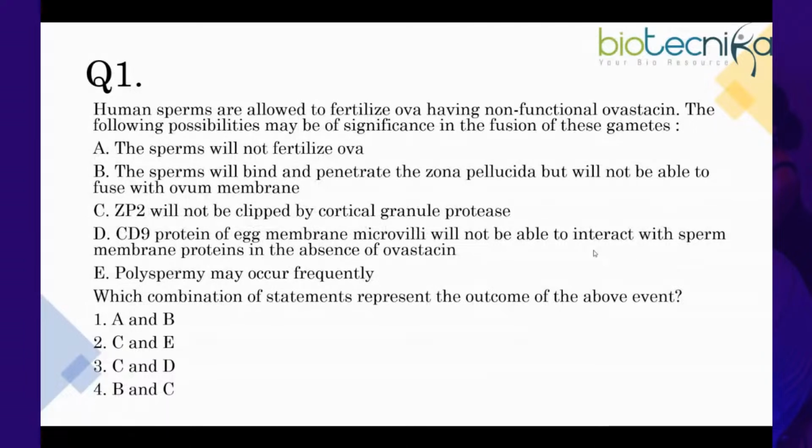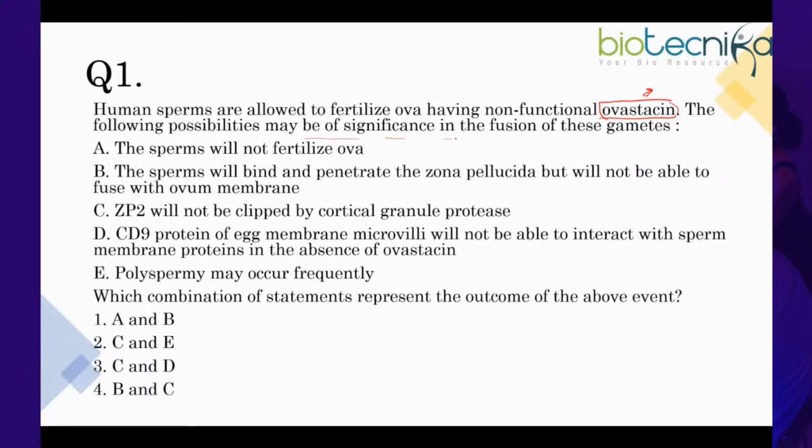Okay. So we have: human sperms are allowed to fertilize ova having non-functional ovastatin, right? As we know, this is a molecule which is released from the egg after fertilization is completed.